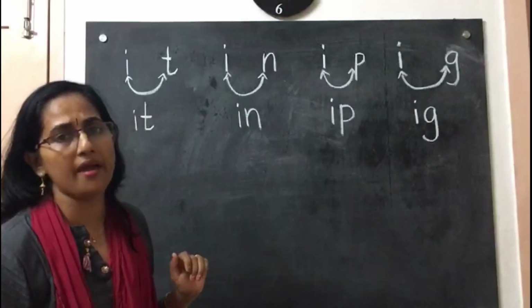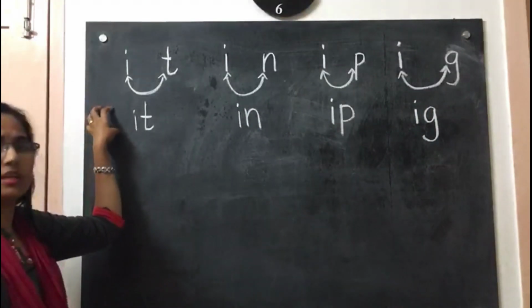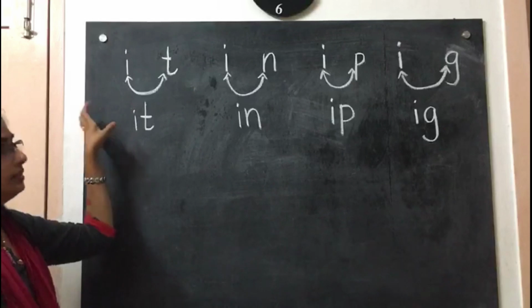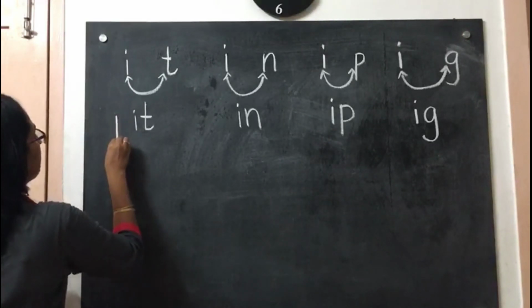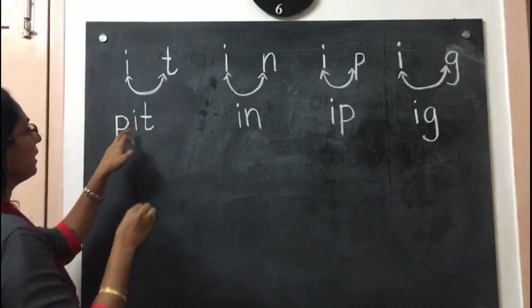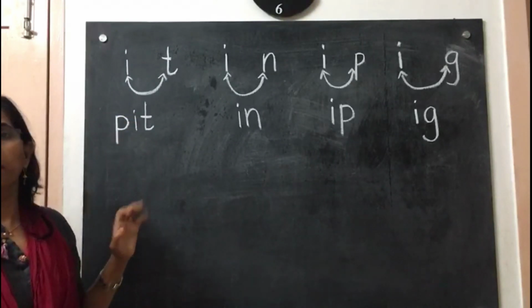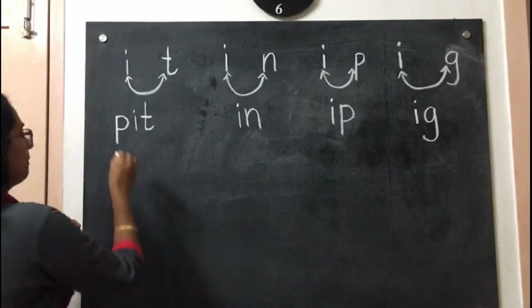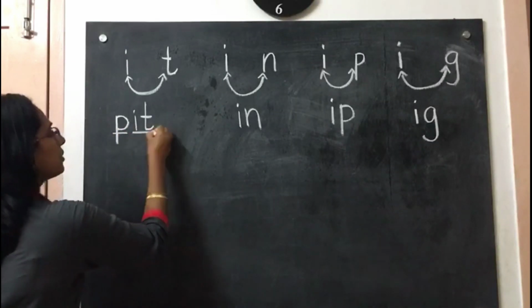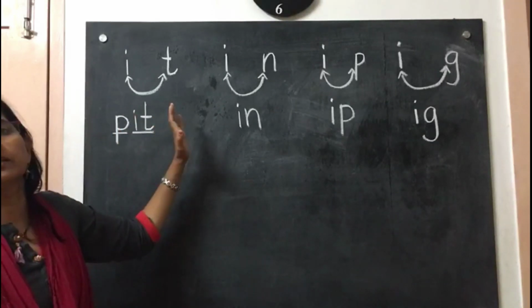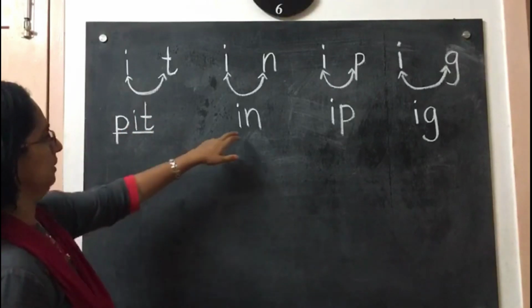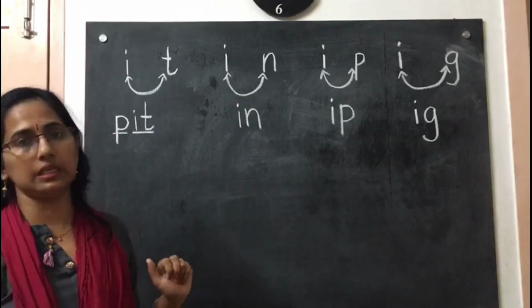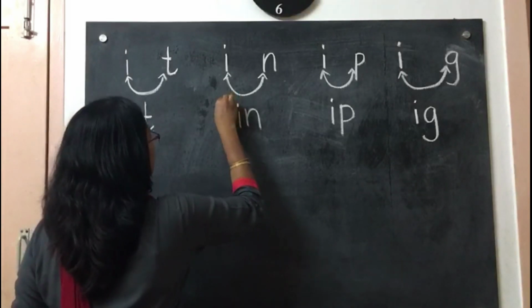Now I am going to add a consonant along with this. Just see how to do that. P, it. P, it. Pit. Right?